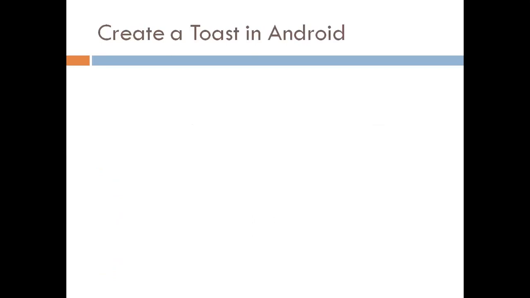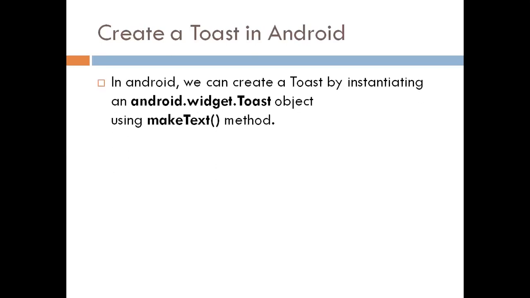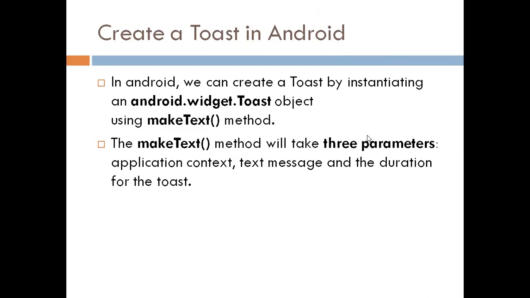Now, how to create a toast in Android? First of all, we need to import one package, android.widget.Toast. And then, for creating a toast, we have to use one method, the makeText method. The makeText method takes three parameters.